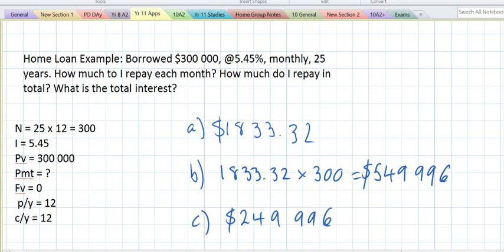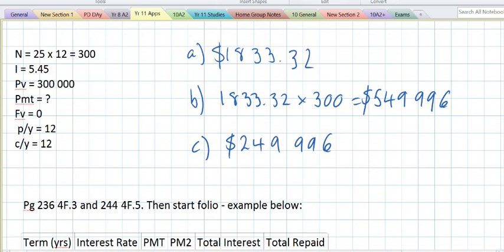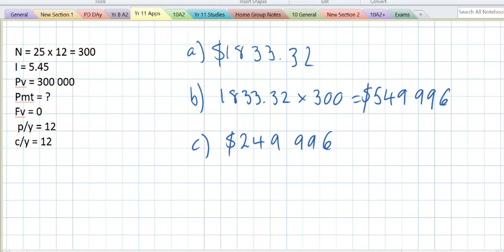One last part to this is D. How do we figure out how much I would owe after 2 years?